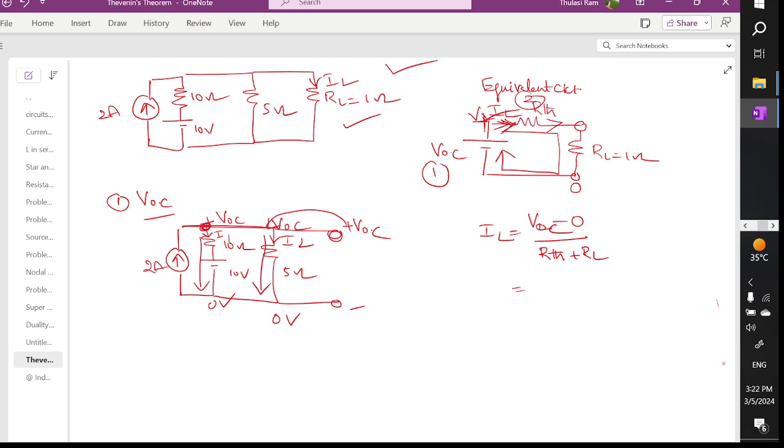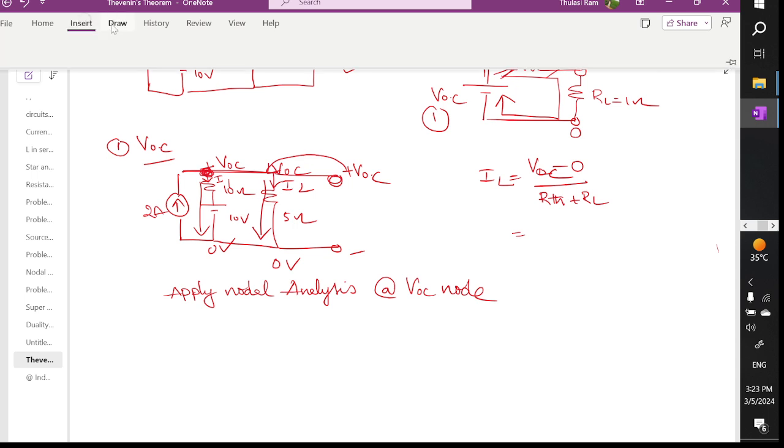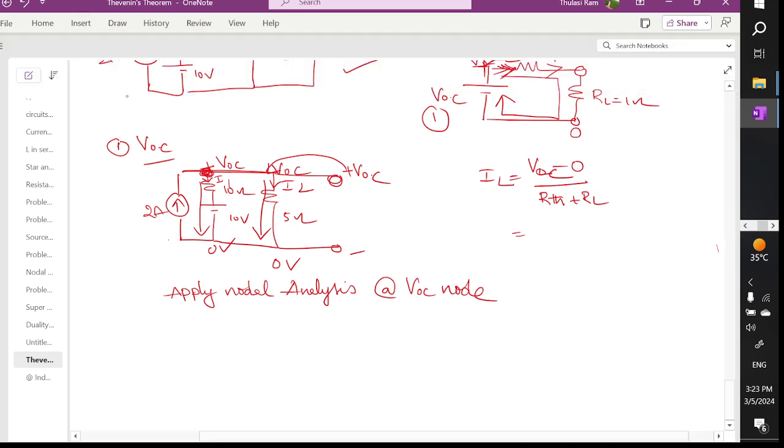So apply nodal analysis at the VOC node. How many entering currents are there? Only one current is entering. What is that entering current? 2 amperes current is entering. And what are the leaving currents? We determine this current as I1 and this current as I2.